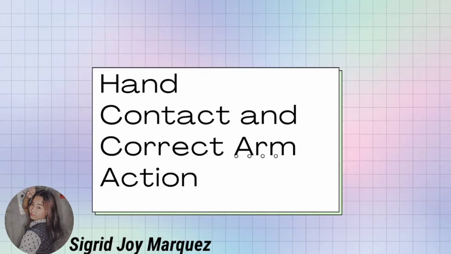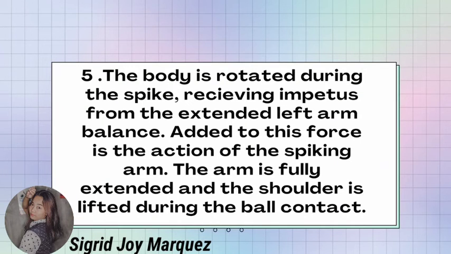Hand contact and correct arm action. Number 5. The body is rotated during the spike, receiving impetus from the extended left arm balance. Added to this force is the action of the spiking arm. The arm is fully extended and the shoulder is lifted during the ball contact.